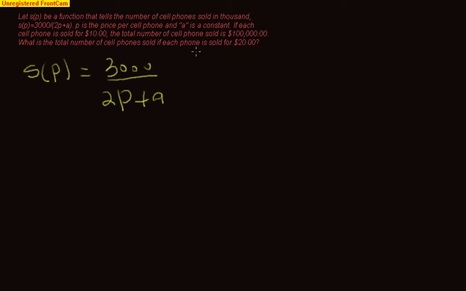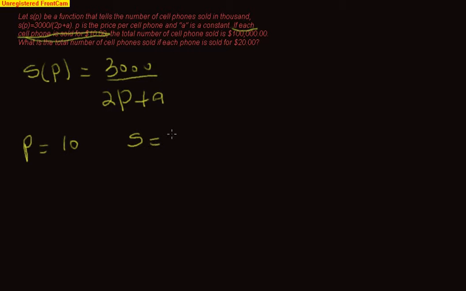However, let's review the first information that we're given. If each cell phone costs $10, what does this information mean? That information means that P is equal to $10. And it says the total number of phones sold is 100,000.